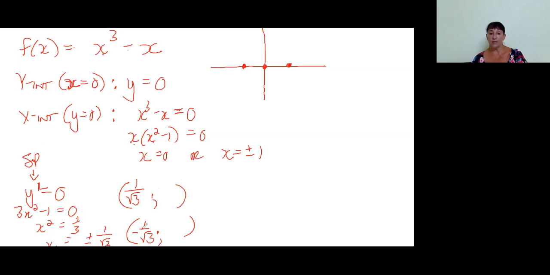And then I'm going to substitute those back into the original. Right, so if you have your calculator handy, I'd like you to please work out 1 over root 3 cubed minus 1 over 3. Okay, so 1 over root 3 to the power of 3 minus 1 over 3.